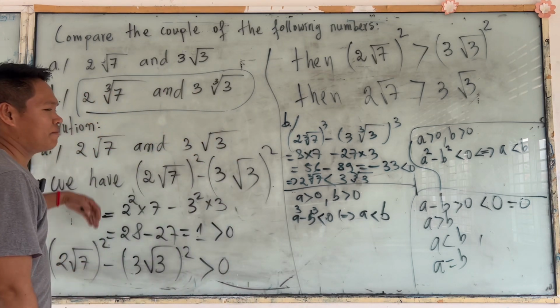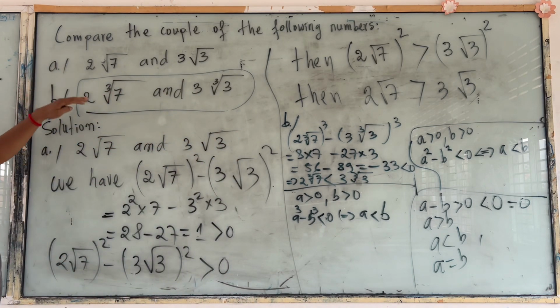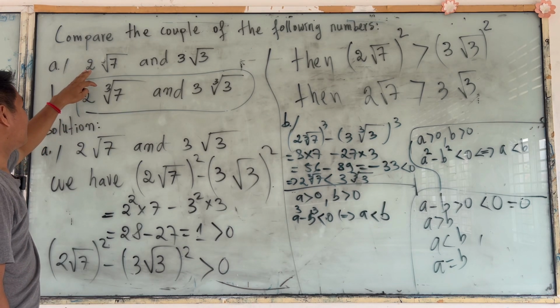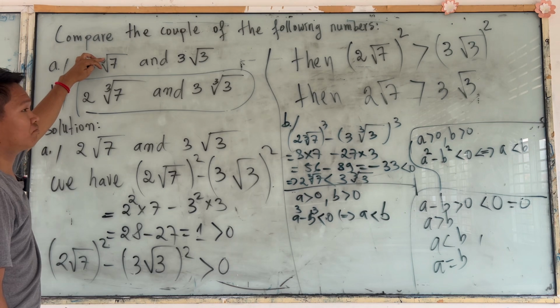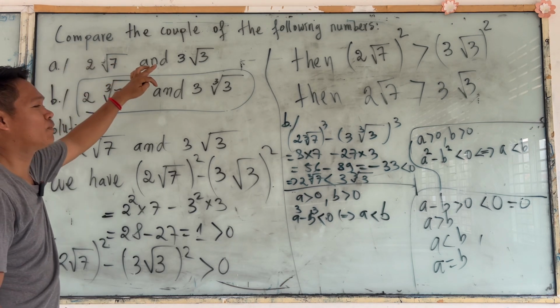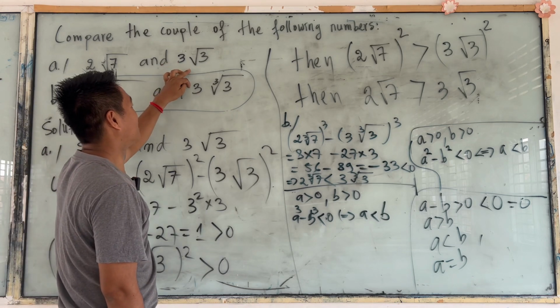And from these exercises, you can conclude that for the first exercise, 2 square root of 7 is greater than 3 square root of 3.